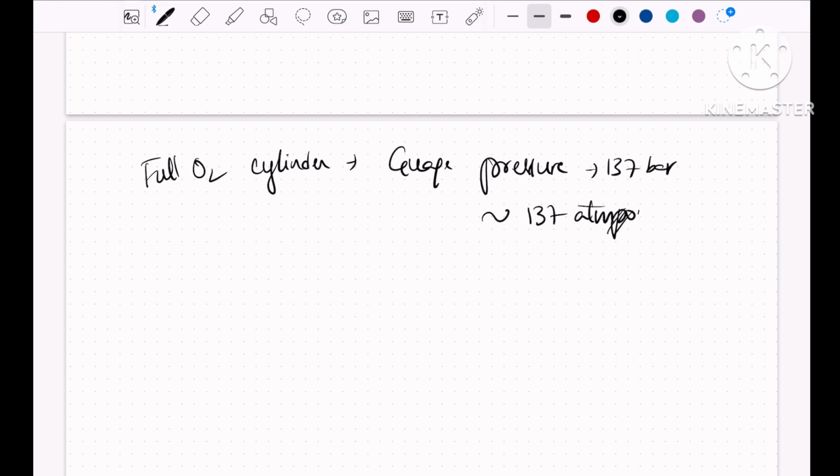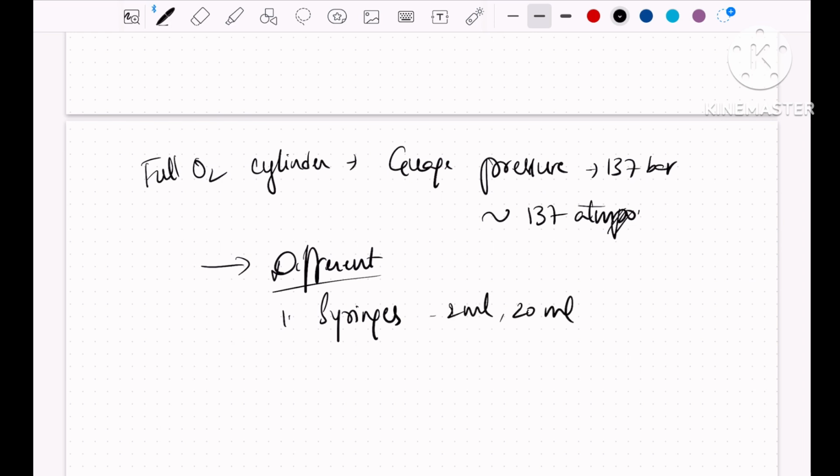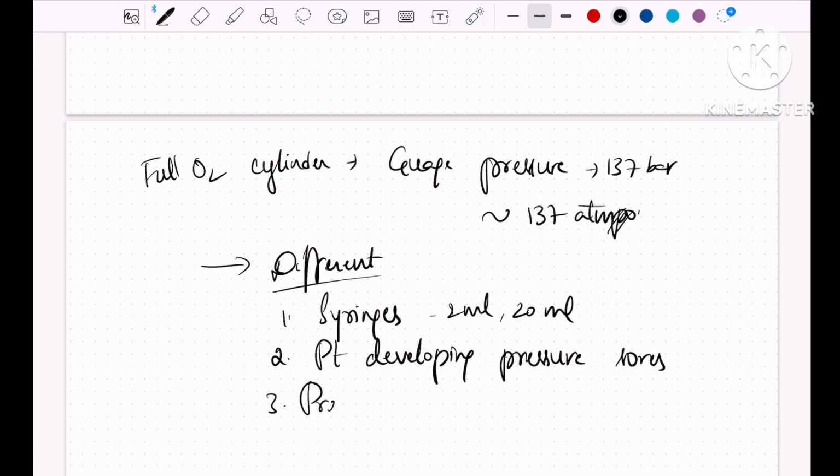And in anesthesia practice, we see this pressure and force relationship in different scenarios. One is syringes, while using different volume syringes like 2 ml and 20 ml while giving the drug to the patient. Two, in a patient developing pressure sores, and three, in pressure relief or pressure reducing valves.